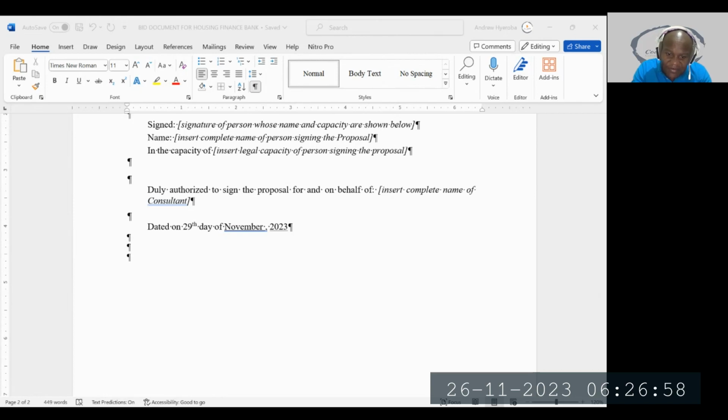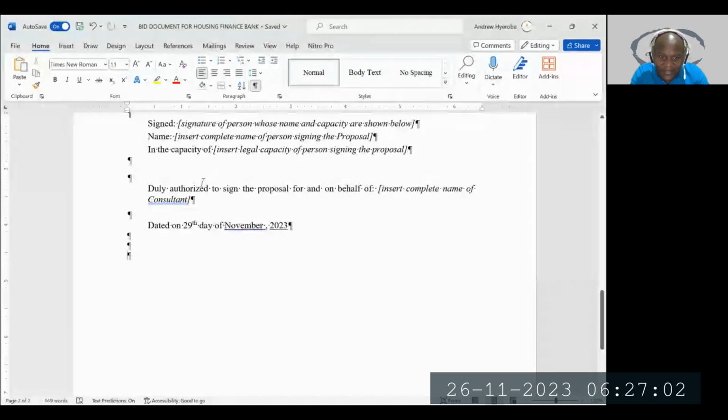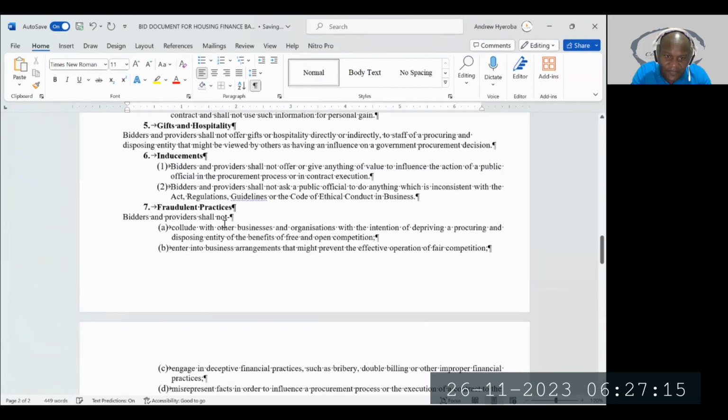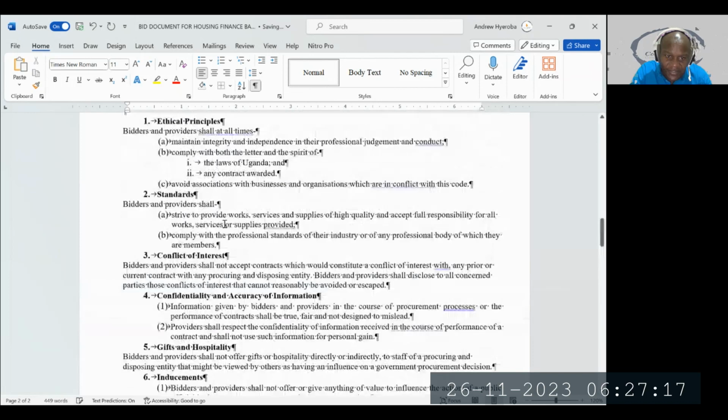Again, it is just copy and paste. This thing is sent to you in Word. Some organizations are ruthless. They send it to you in PDF, but no worries. We can always get a way around that. So I'm just pasting the second document, which is the code of ethical conduct.